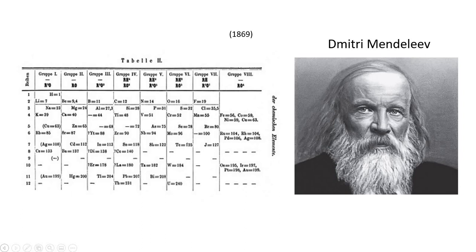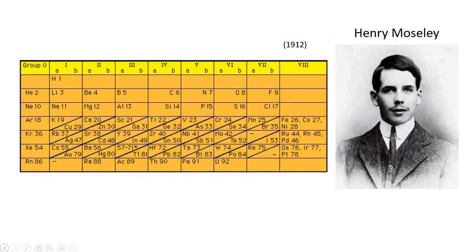He is the one that realized that not only did they follow a pattern, but that we didn't have all the information. So he was unique in that he didn't just try to organize the elements, but he realized there were elements that were unknown and that they would fit into those spots. It required a lot of foresight on his part.